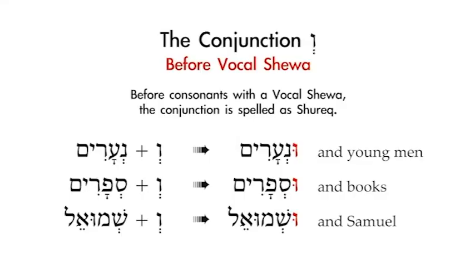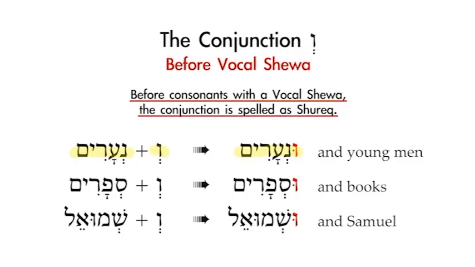There's one more environment in which the conjunction vav can be spelled as the shureq in biblical Hebrew, and that's before vocal schwa. Before consonants with a vocal schwa, the conjunction is spelled as shureq. So look at our examples here. In the first example, we have va followed by na'arim, and you can see that this word begins with the vocal schwa. So our final form then is u-na'arim.